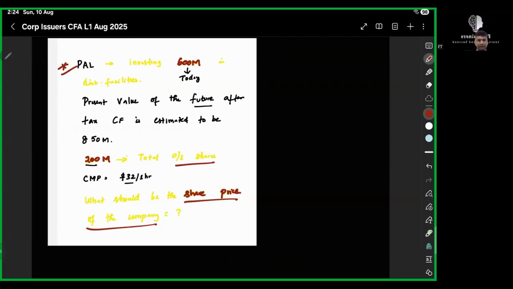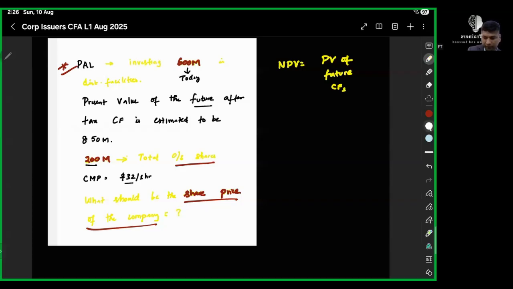So the idea is when you do a positive NPV project, it increases the market capitalization. Yesterday we said it is a wealth measure. NPV is a wealth measure. It increases the market capitalization. So it should increase the share price if it is a positive NPV project. So what is the NPV? NPV, we said, is the present value of future cash flows, sum of all the future cash flows.